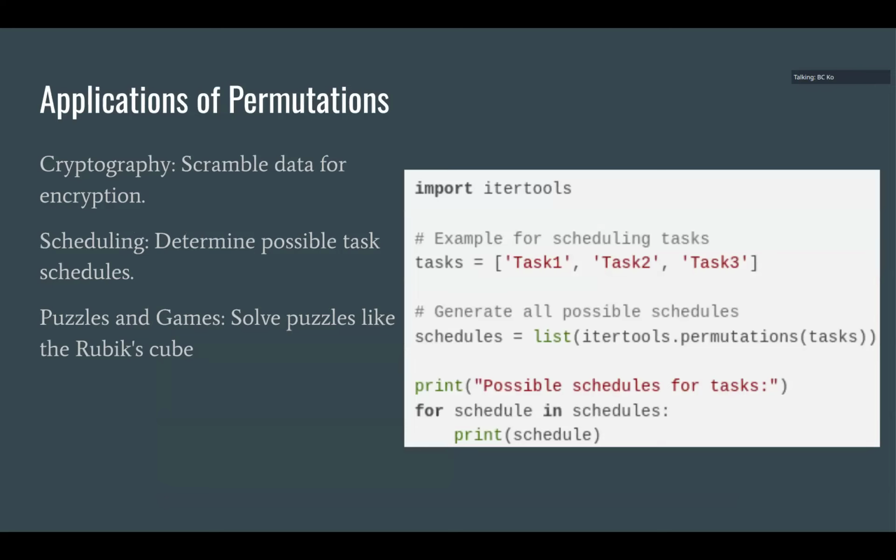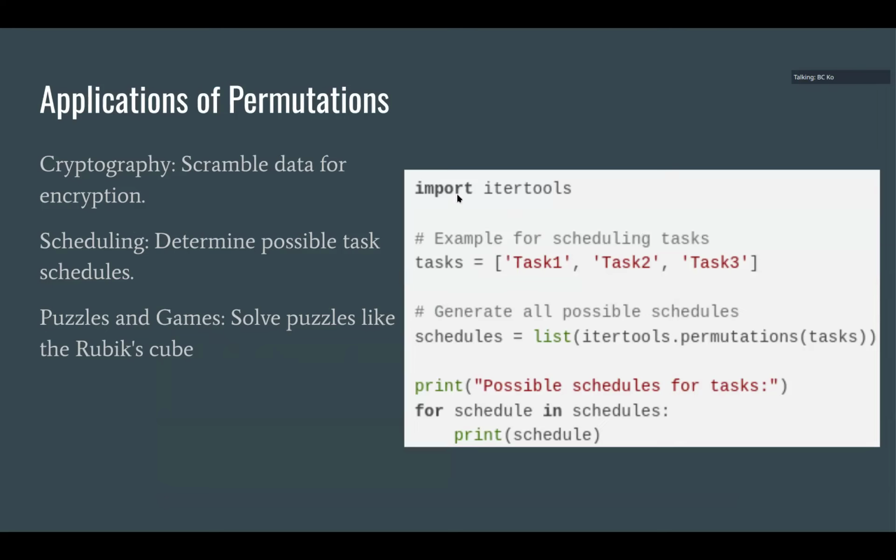Additionally, permutations play an important role in solving puzzles and games. For example, understanding permutations is key to solving the Rubik's Cube, where each twist and turn represents a permutation of the cube's smaller pieces.